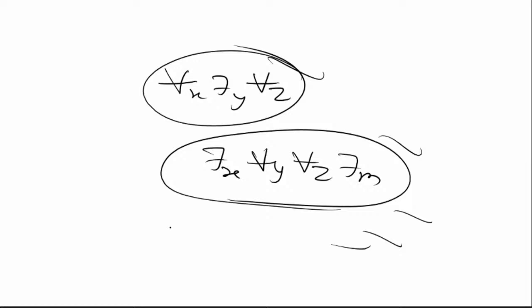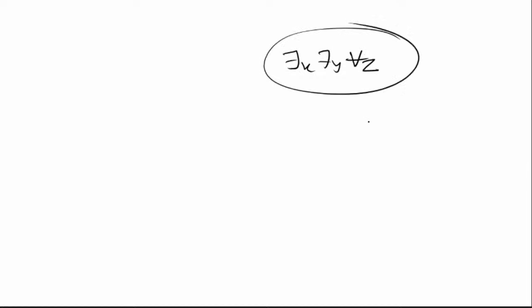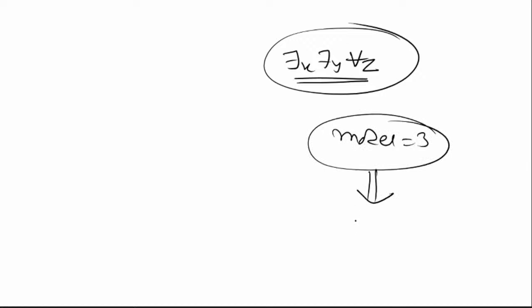That's why I'm telling you, don't memorize the templates. Just understand the procedure. There will exist, but we need to choose the elements correctly. See, if you consider this example, there exists x, there exists y, for all z, and you have a model of size 3, then definitely a model of size 2 will be there.